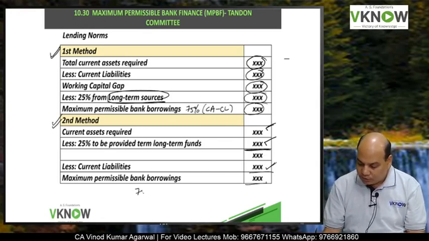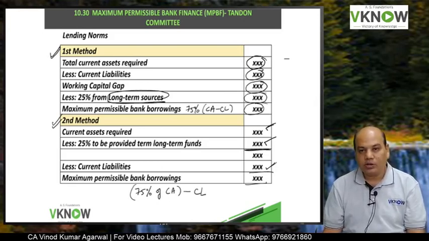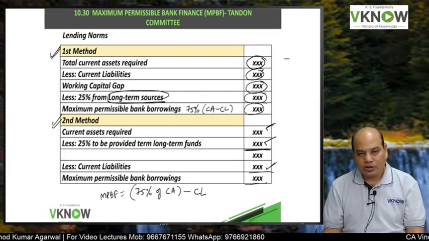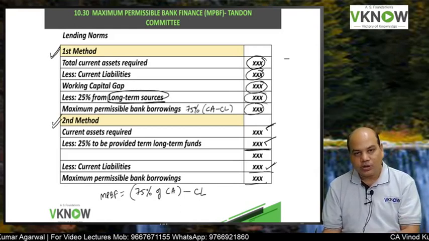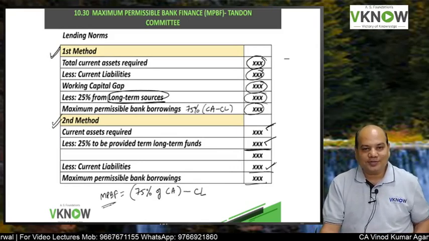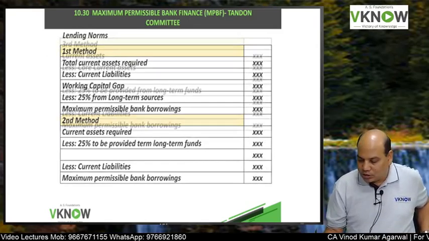So here my formula will be 75% of current asset minus current liability. So MPBF under method 2 will be this. As you go from method 1 to method 2, the MPBF will keep on reducing. The formula will give you lower and lower answers.